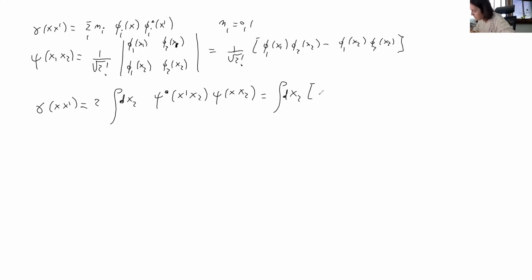the Slater determinant. So I have phi 1 x prime. I have to be careful to put x prime in the place of x1. Phi 1 star x2 minus phi 1 x2 phi 2. There's a little mistake here.